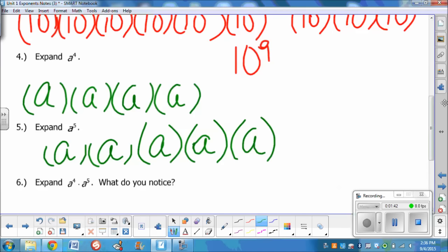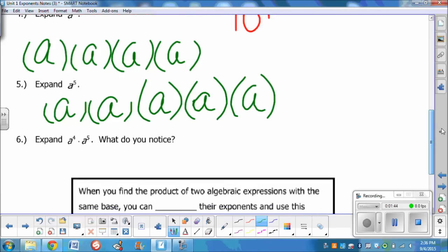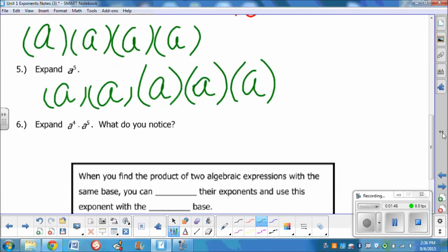What do you notice? Now if we multiply those two together, if I wrote out a to the 4th again and a to the 5th again, you should notice that we would have a to the 9th power.